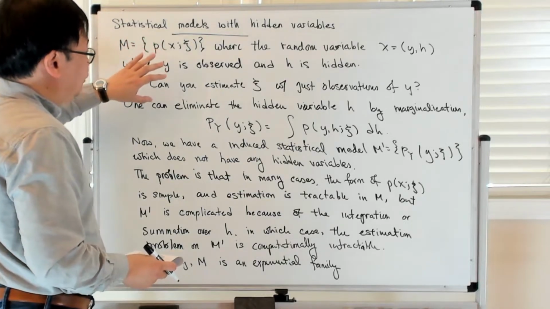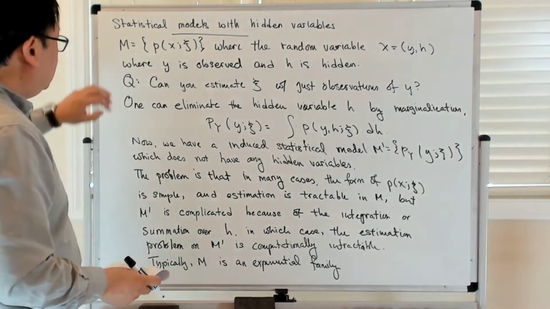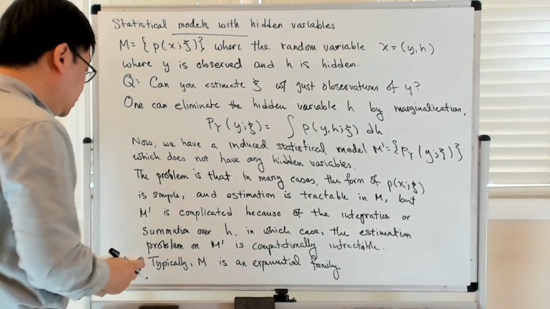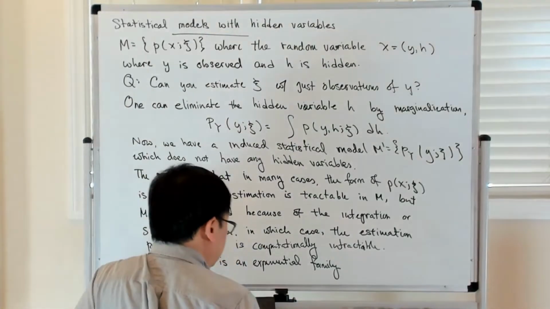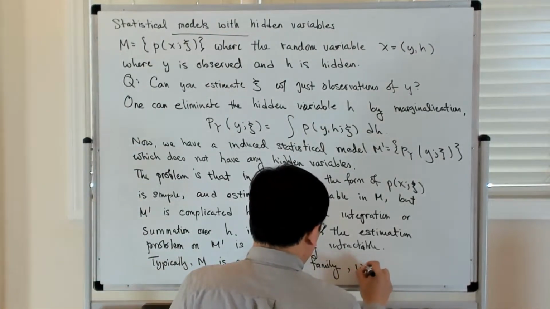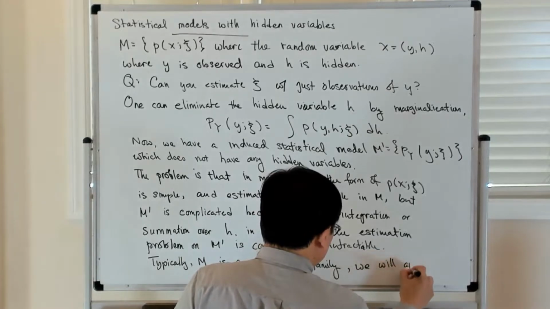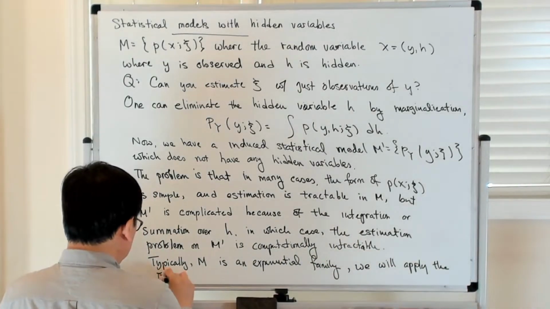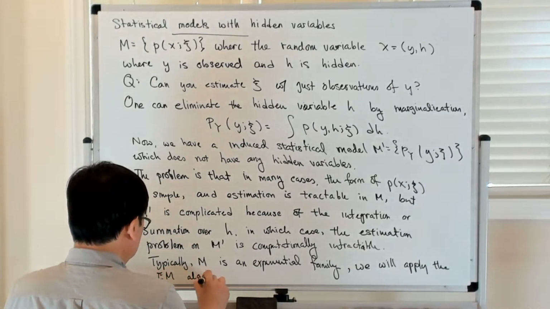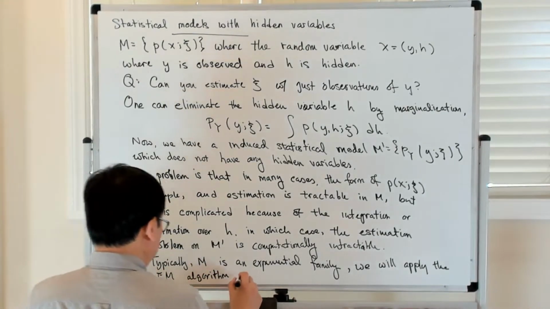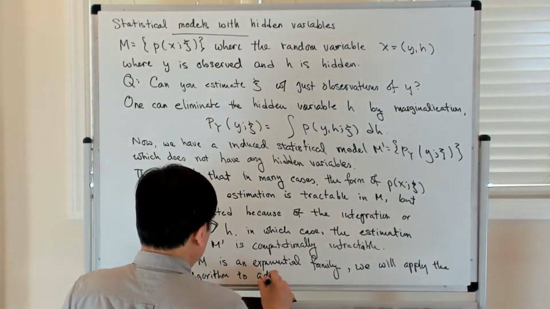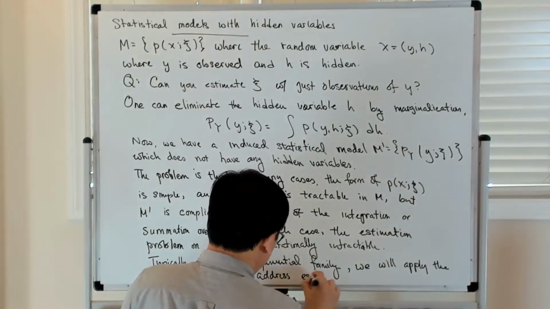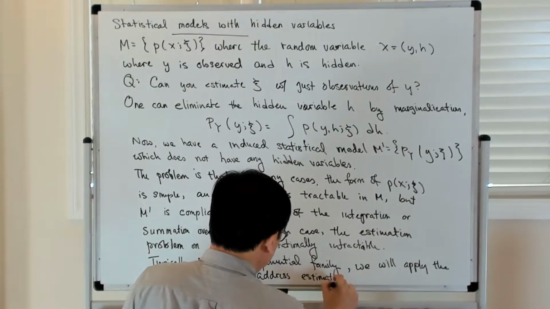to address this question of what happens when you have a statistical model with hidden variables. Then we will apply the EM algorithm to address estimation with hidden variables.